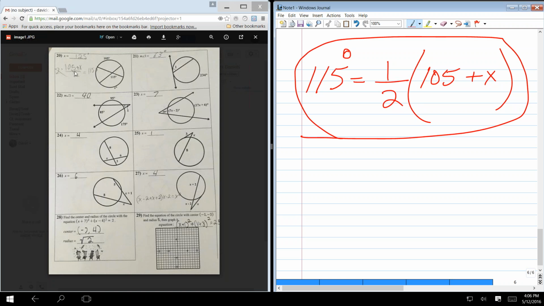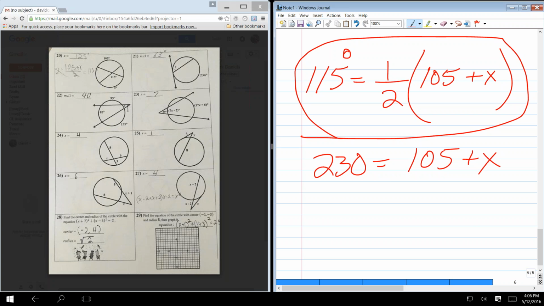Only thing is, you've got to be a little careful here. That equation is not correct. You've multiplied the left side by 2, but you didn't multiply the right side by 2. So if I'm really going to multiply by 2 as my first step, then the next equation is 230 equals 105 plus x. Now x equals 125.